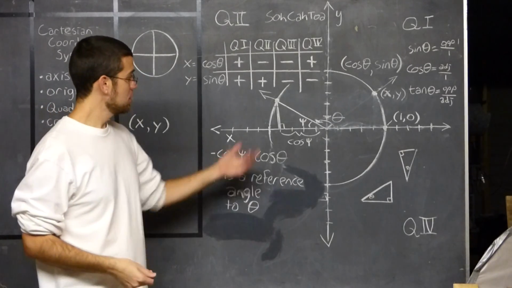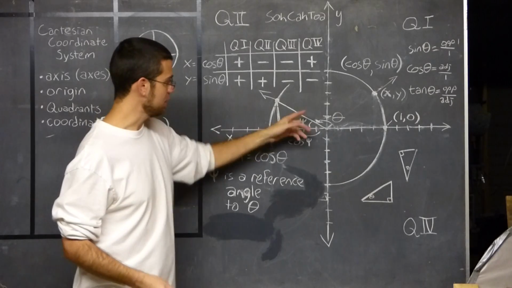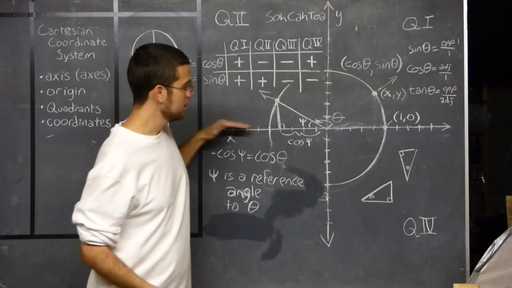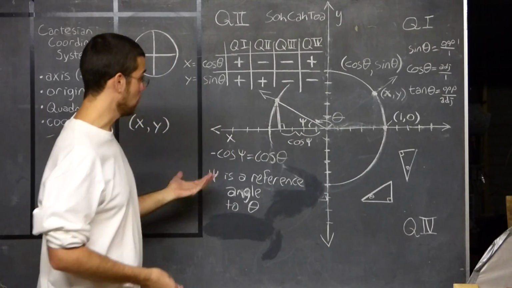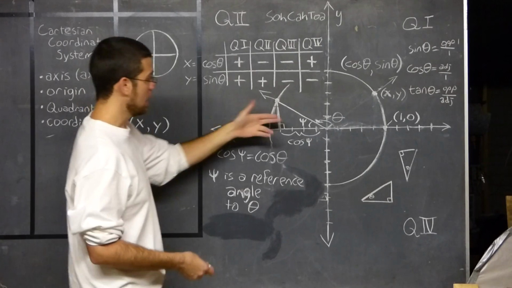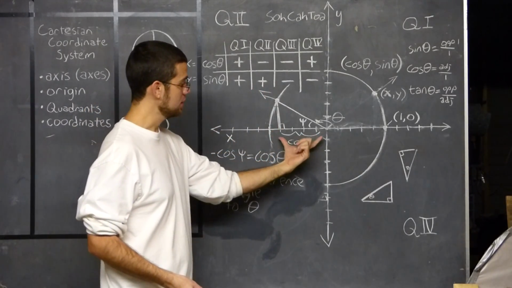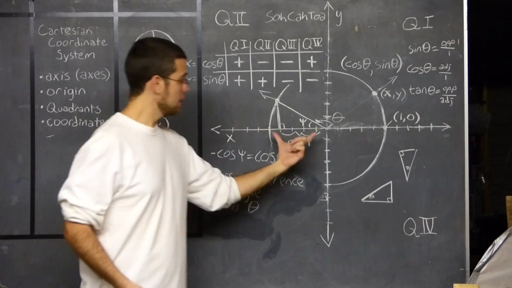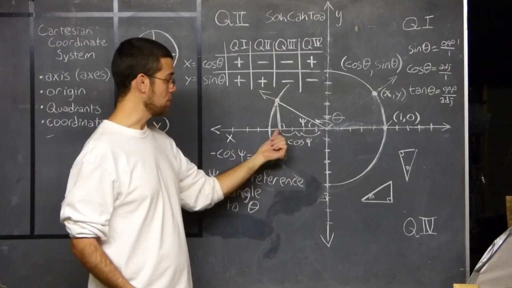What that means is, we can find that, right? We've made a straight line. Psi plus theta is 180 degrees, or it's pi radians. So, we can easily find out what our reference angle is, and that will be an angle inside of a right triangle that we can use to find our positive x distance, the distance we've gone from the origin.